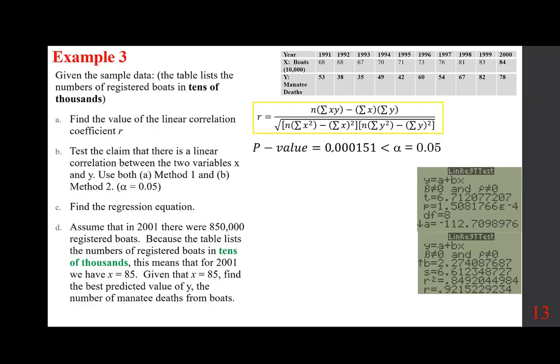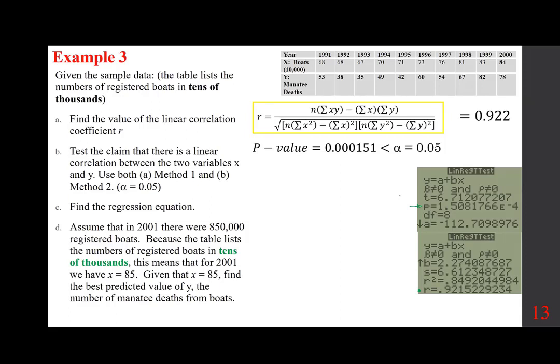Number one, look at the R at the bottom. Okay, so that's the R, so we write it. Now, number two, what does this give us? The p-value. The p-value is 1.50817, whatever, e minus 4, that means times 10 to the power of negative 4.